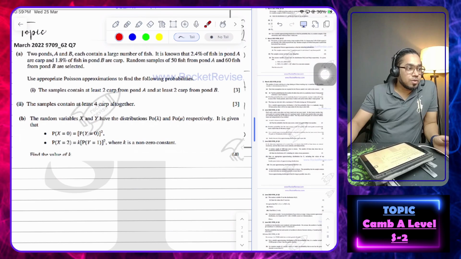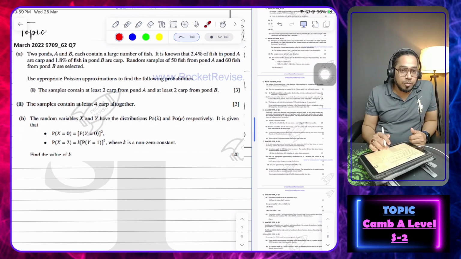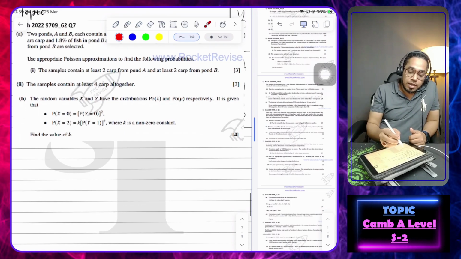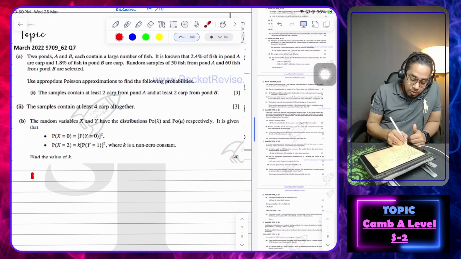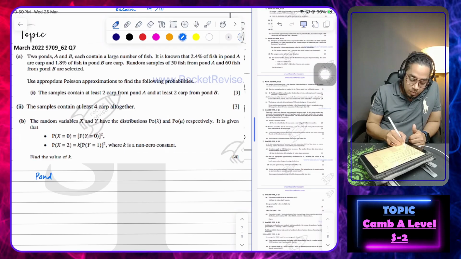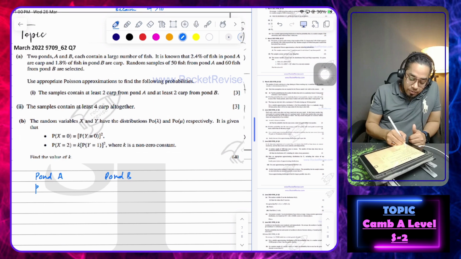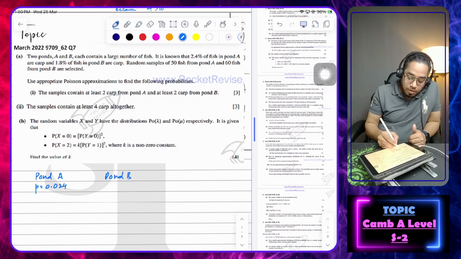Okay. Now the first thing is this: I'm talking about 2.4%. So if I'm dealing with pond A, and then pond B, the probability for pond A is 0.024 and for pond B is 0.018.